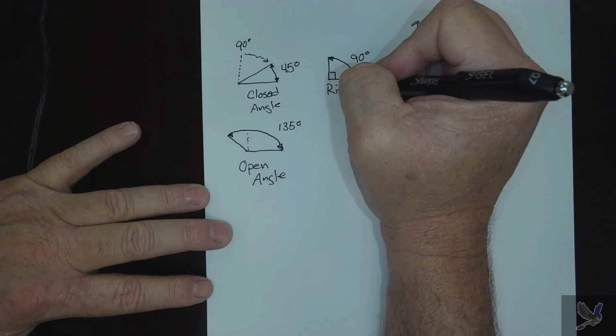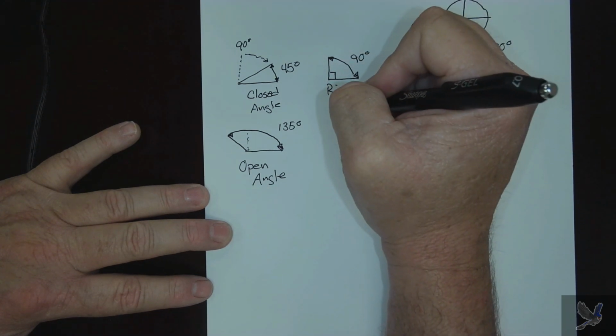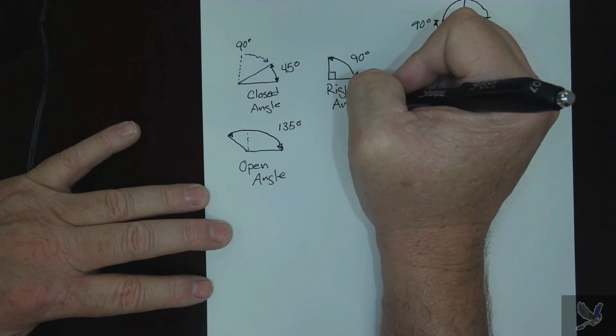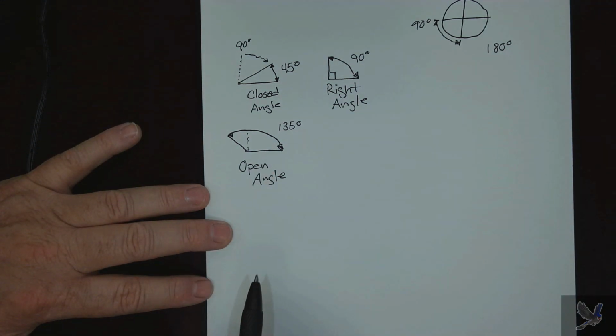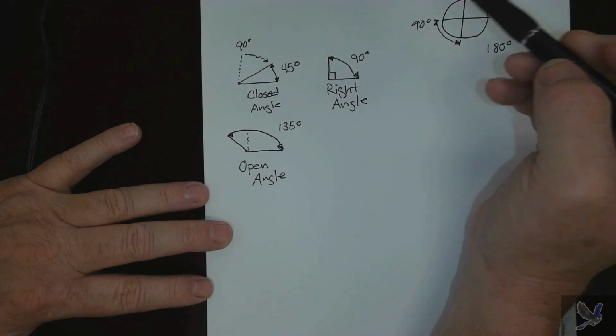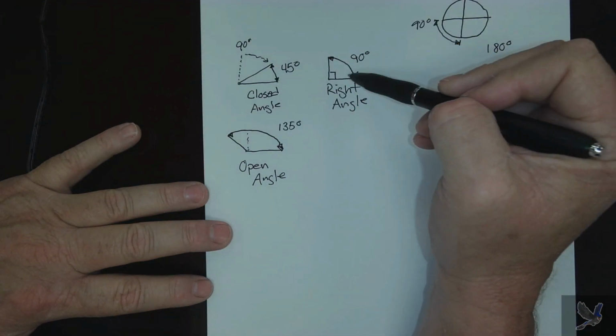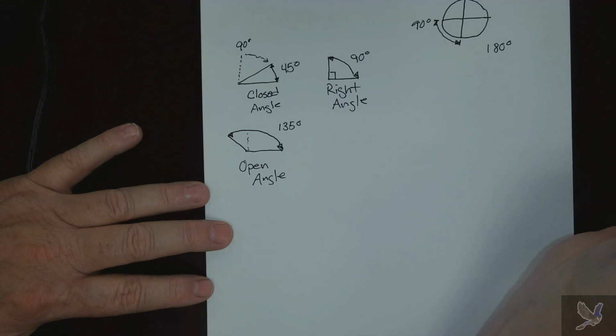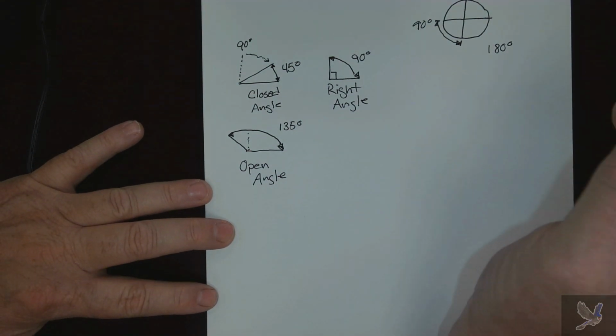I forgot to label my top drawing here, so we're going to consider that a right angle. And an open angle is anything more than 90 degrees. So we have three different types of angles with the right types of labels at this point.